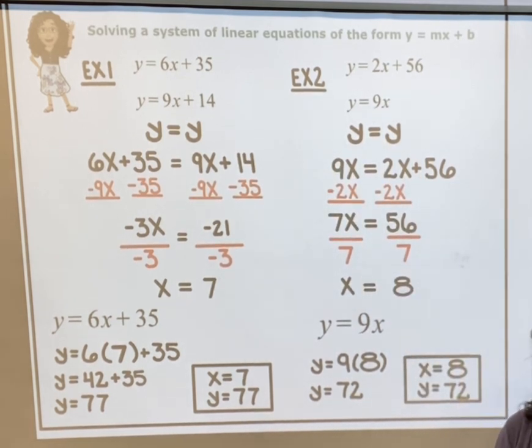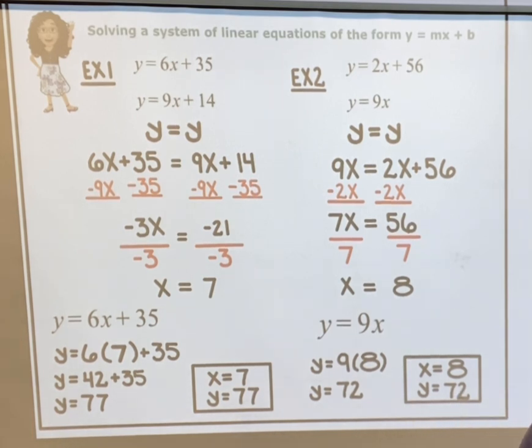So if everything drops out, it's a special case. And if it drops out and you get a true statement, then it's infinitely many solutions, like 0 equals 0. But if you get a false statement like 0 equals 56, then it's no solution. And what that really means is the original equations were parallel.